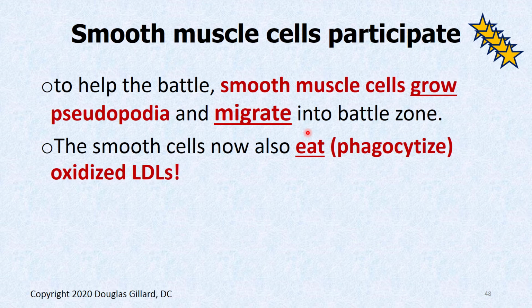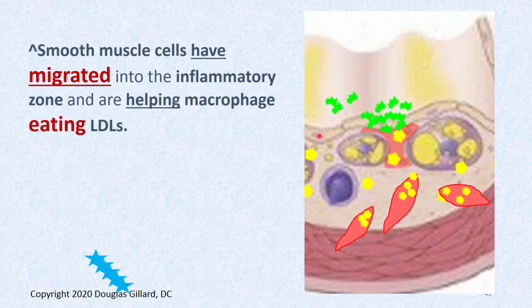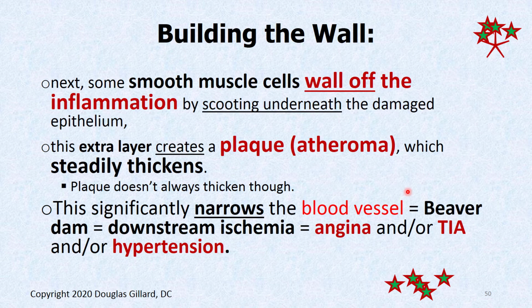So not only do macrophage phagocytize oxidized LDLs, so do smooth muscle cells. Something has turned on different genes in these cells and woke up the ability for them to act like phagocytes. And they come in here, and now they're eating LDLs, and they're blowing up and getting bigger and bigger.